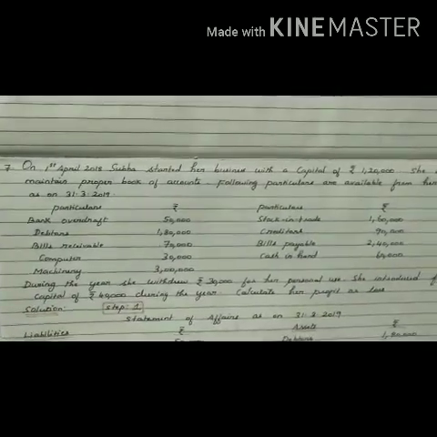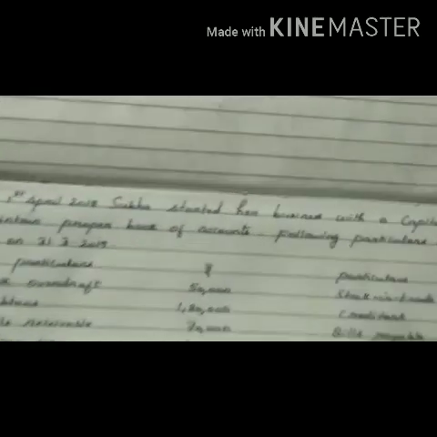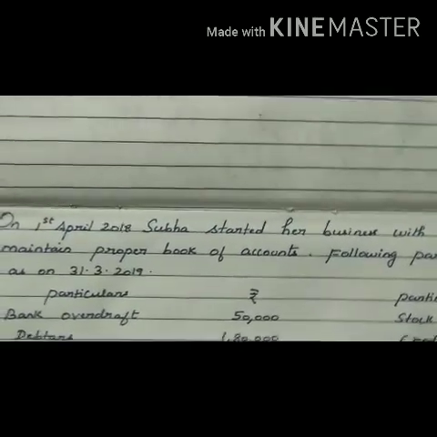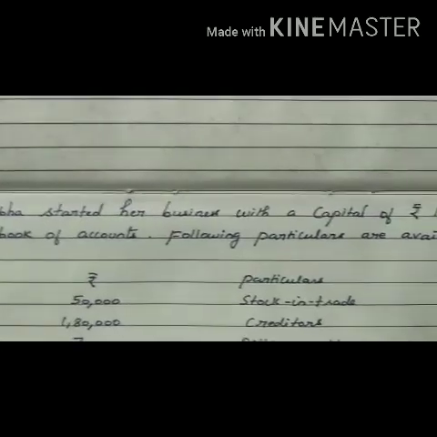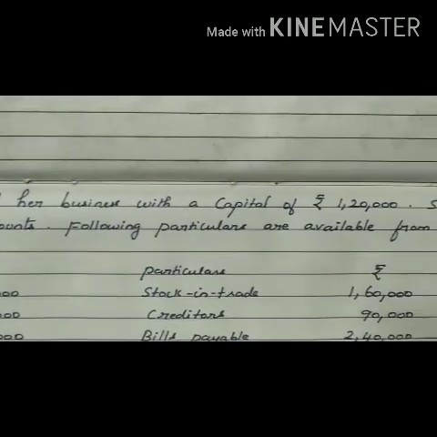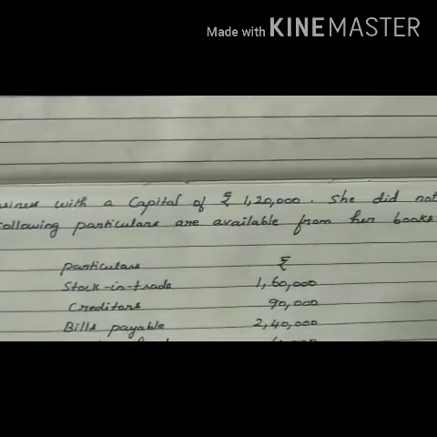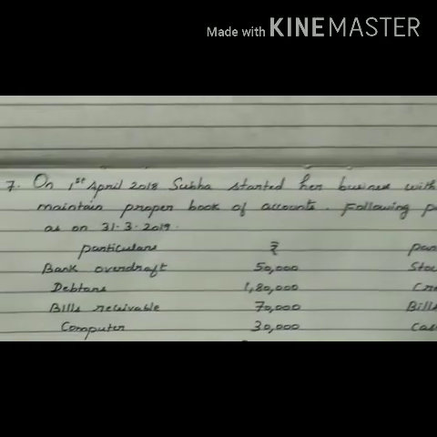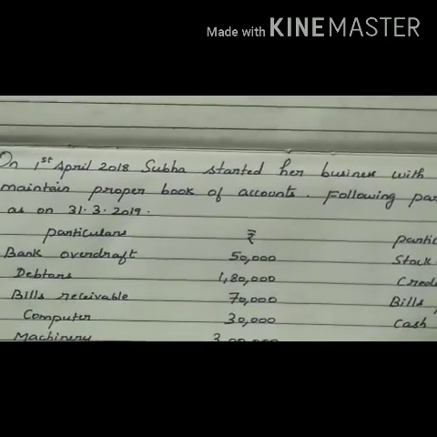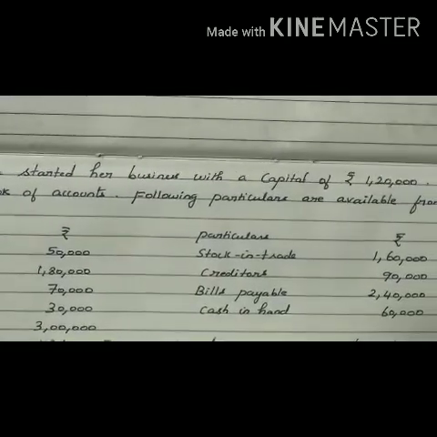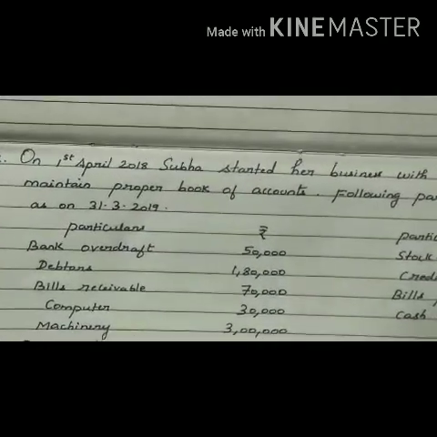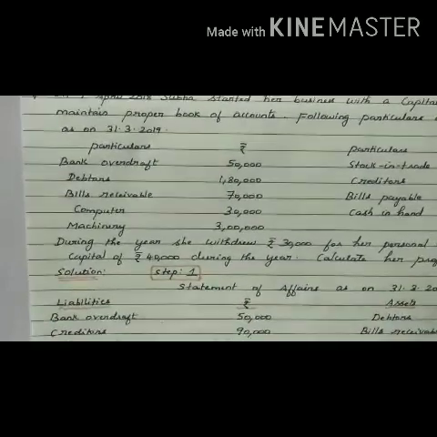Seventh problem. On 1st April 2018, Subha started her business with a capital of 1 lakh 20,000. She did not maintain proper books of accounts. Following particulars are available from her books as on 31st of March 2019.